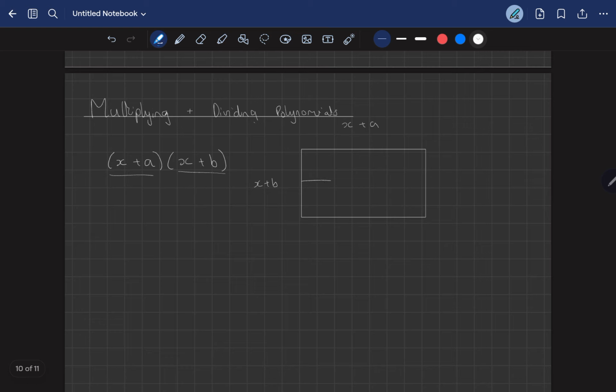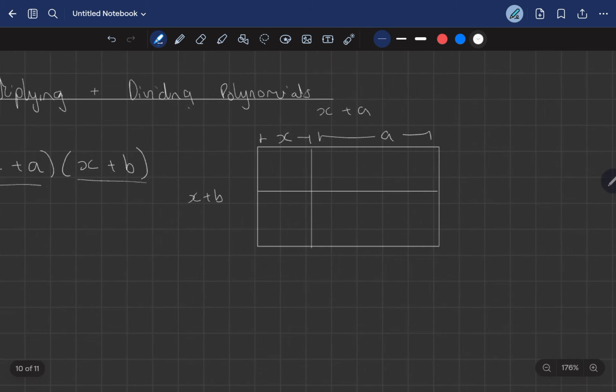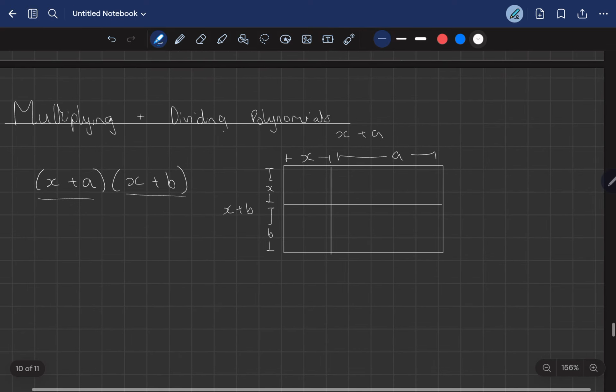So let me just draw a line here, a line here. So let's label this length as x, this length as a. Let's label this length as x and this length as b. Okay? Now still, this side length is x plus a and this side length is x plus b.